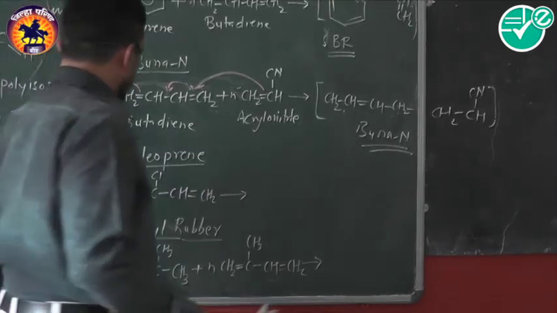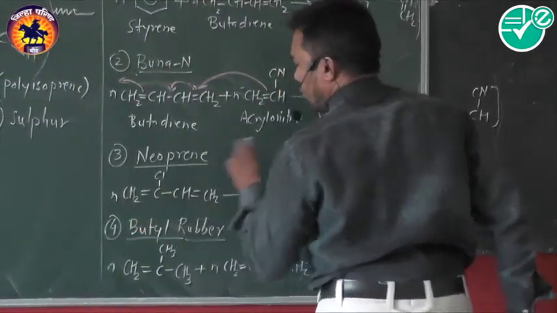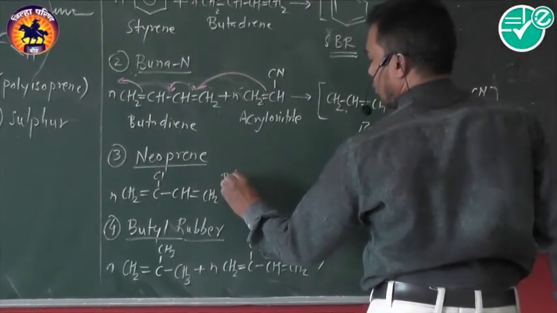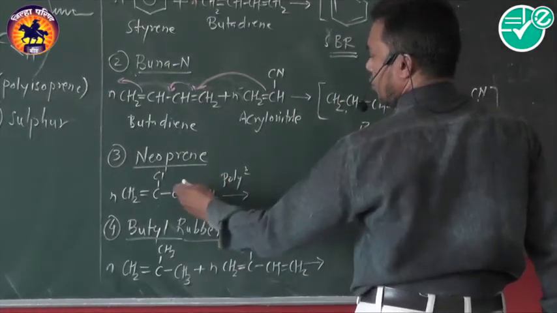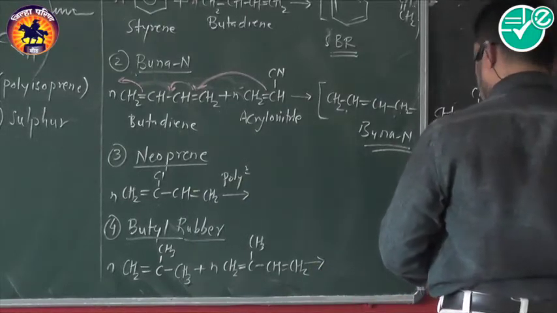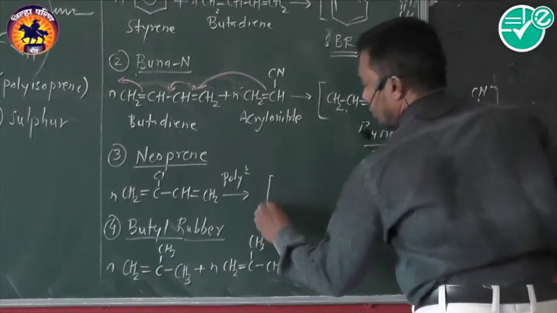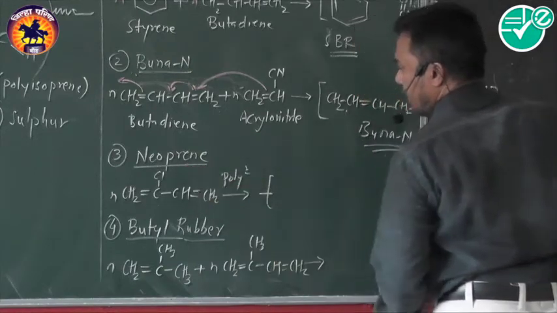Now neoprene, which is 2-chloro-1,3-butadiene, also undergoes polymerization. So n monomers polymerize by chain growth polymerization to form the neoprene polymer.